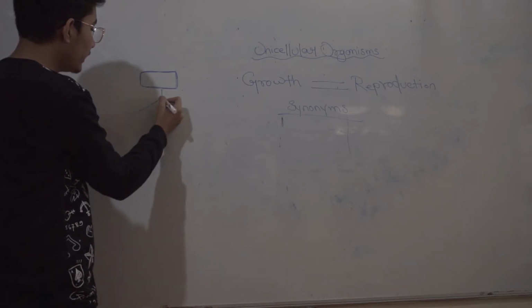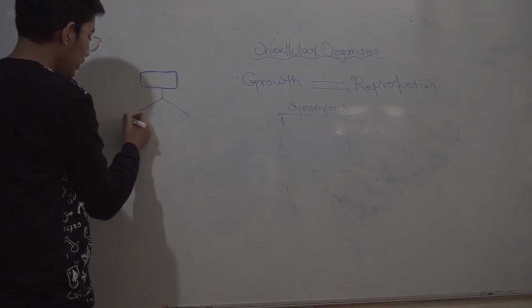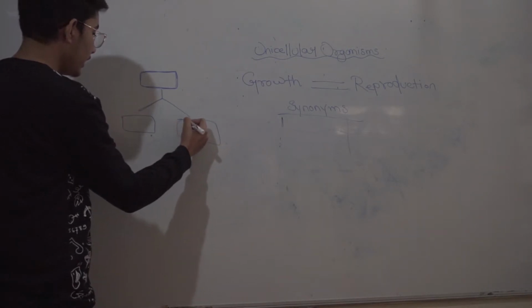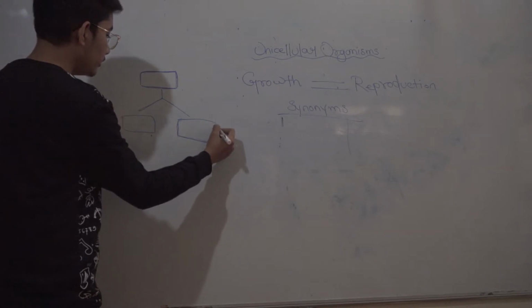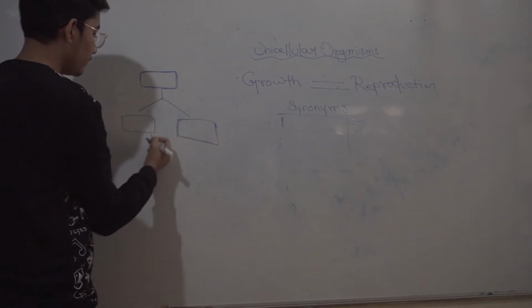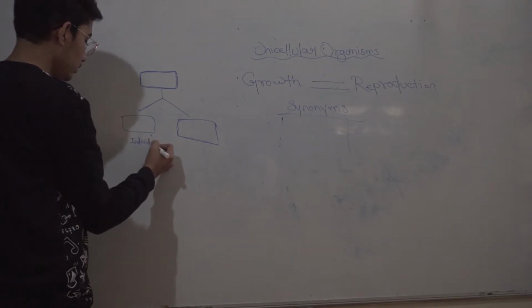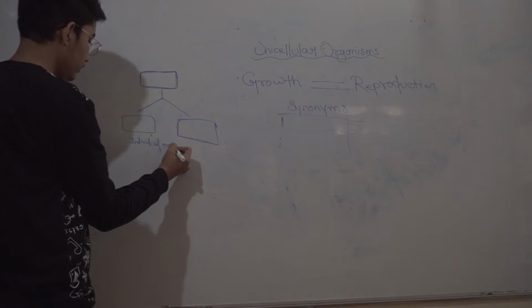So after dividing, they form two new cells which act as individuals. So they are individual organisms.